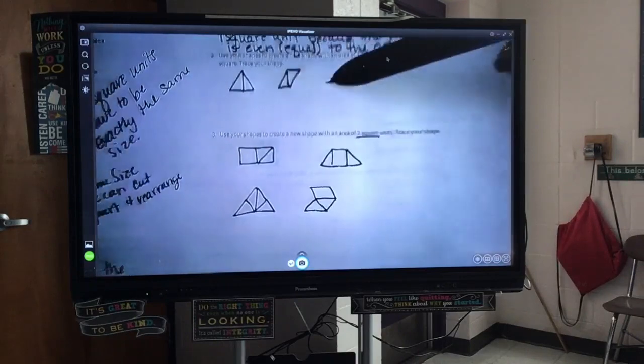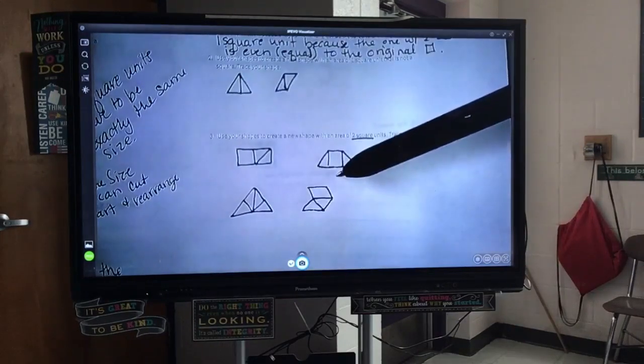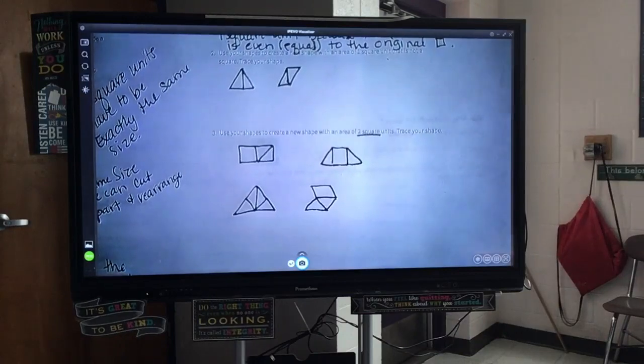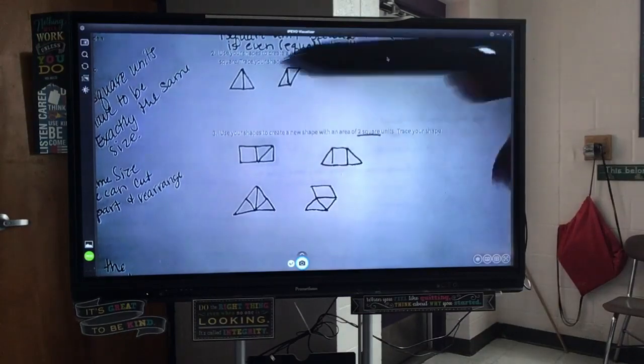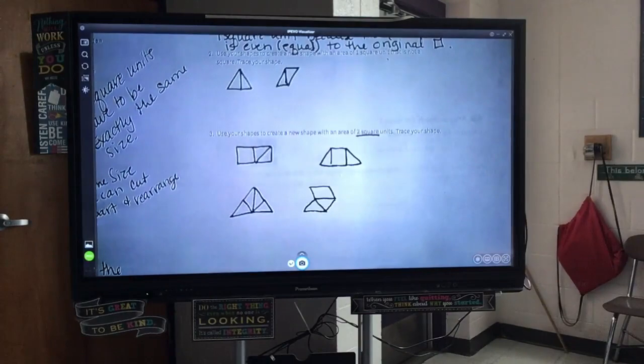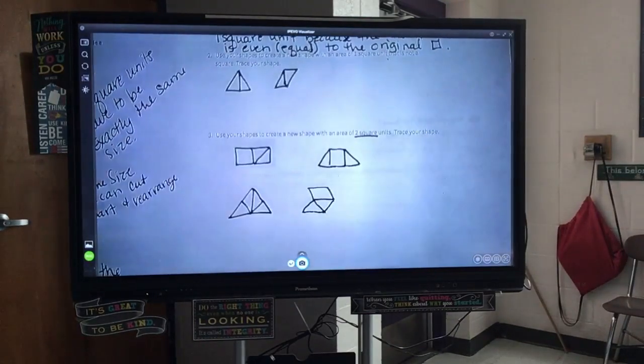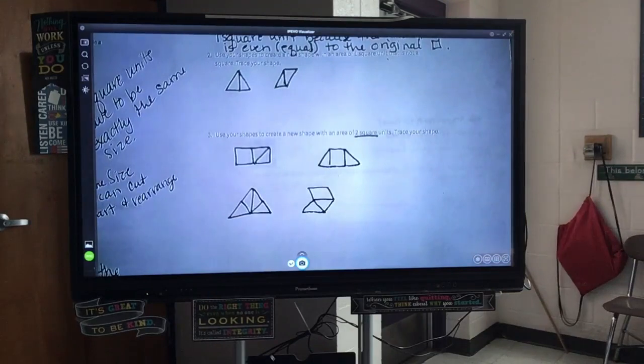Why would we use 2 and 3 to help us? Bradley? You can just kind of go up with that and then add to that. Perfect. All right, so again, for the next minute, look at 2 and 3. Don't touch your shapes, but talk to your group members about what shape you think you're going to try to create that equals 4 square units.